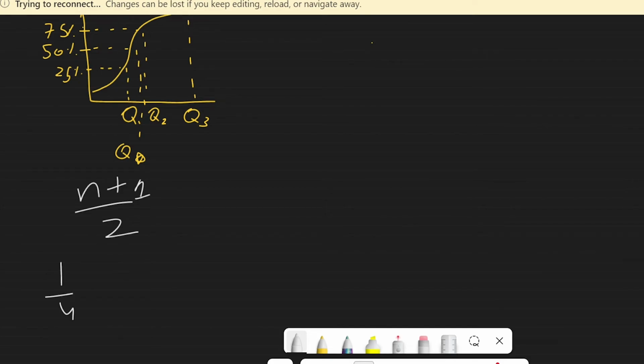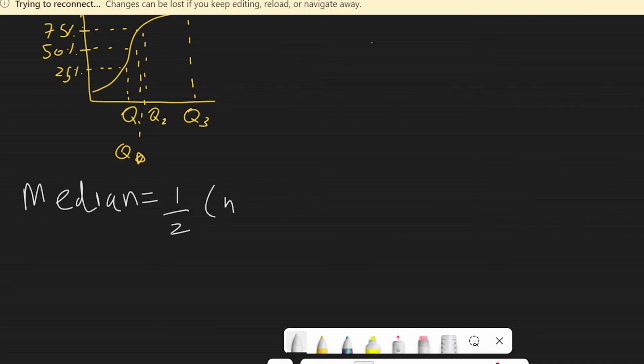Let me rephrase it again. The median, the 50% value, is basically half, so 1 over 2 times n plus 1.